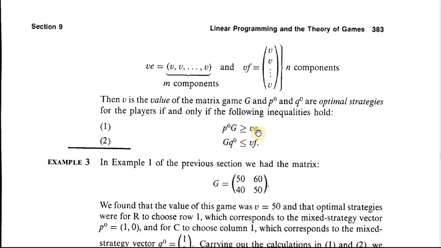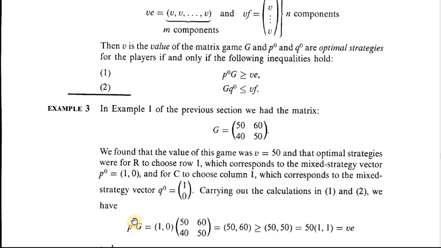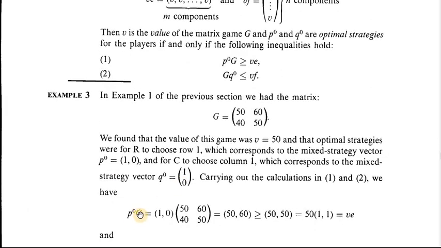What does that mean? Well, let's take a look at the example down here. Here we have P0 G. In this case, P0 is (1, 0), and G is this matrix game. Now (1, 0) means that the row player always plays row 1 and never plays row 2. If we do this multiplication, we in fact pick out the first row in G, (50, 60).